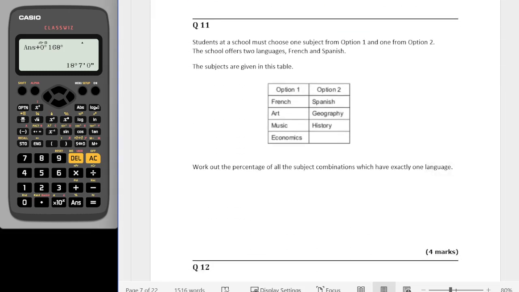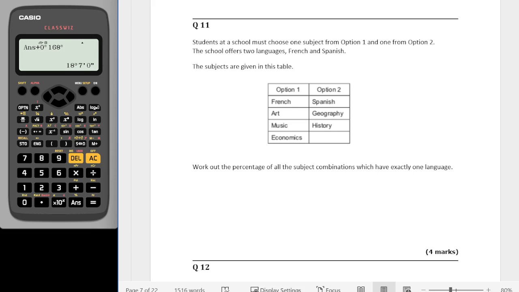Right, question 11. Students at a school must choose one subject from option 1 and one from option 2. The school offers 2 languages, French and Spanish. The subjects are given in the table below. So we've got, work out the percentage of all the subject combinations which have exactly one language.